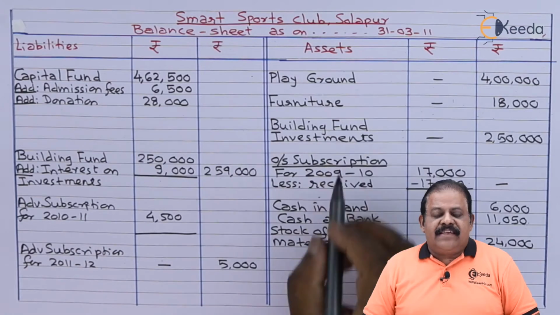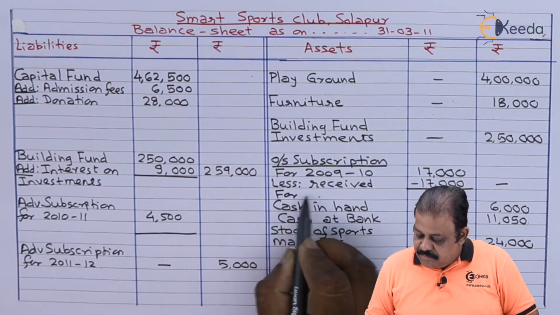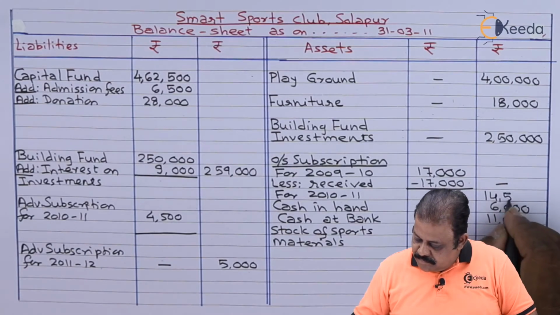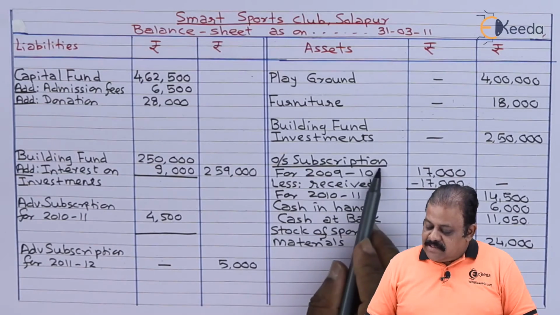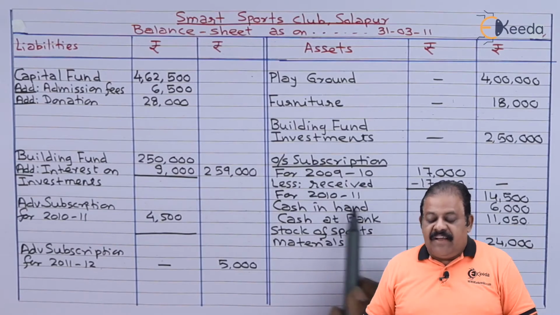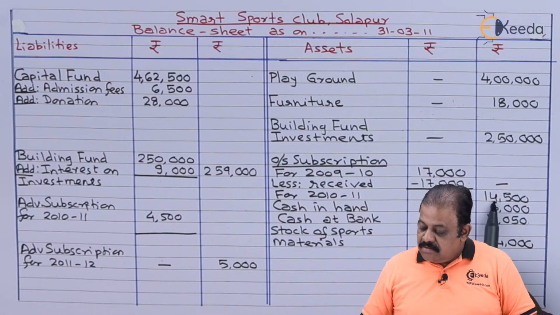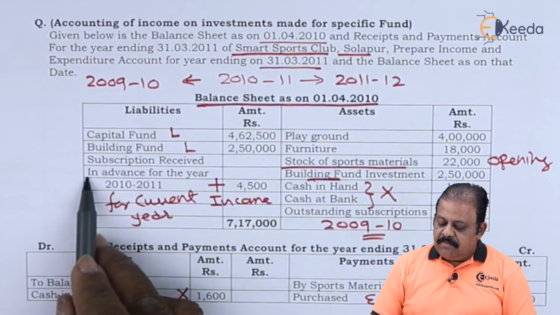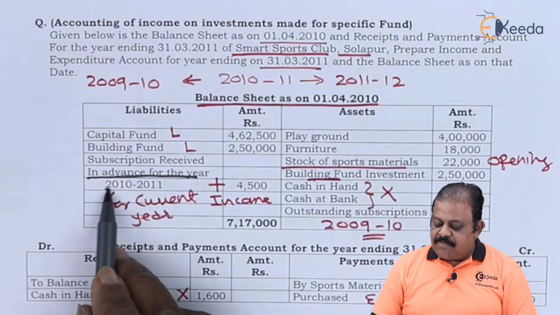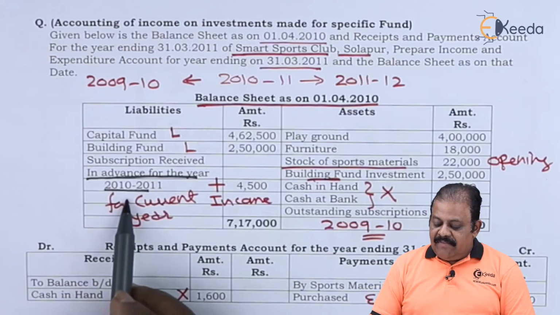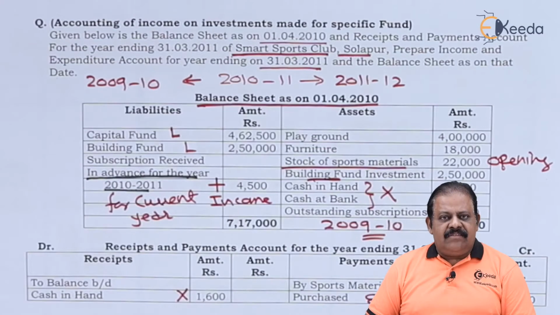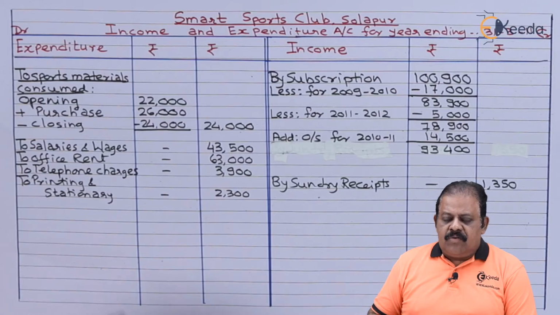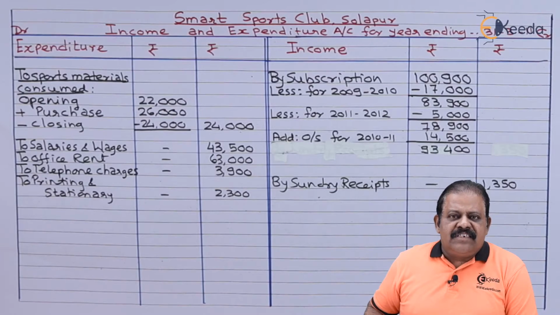Second effect on asset side. Outstanding subscription for 2010-11, that is for current year, 14,500. In opening balance sheet, we have item advance subscription received for 10-11 during 9-10, that is during previous year. This 4,500 will be added here now to the subscription received.